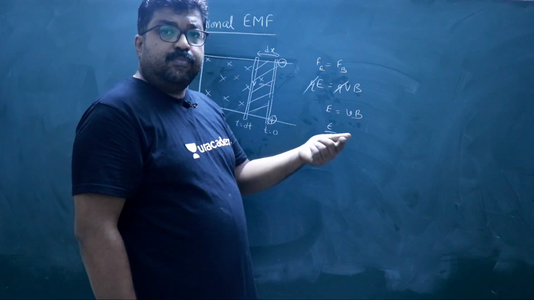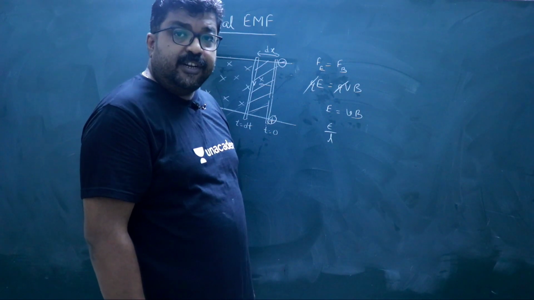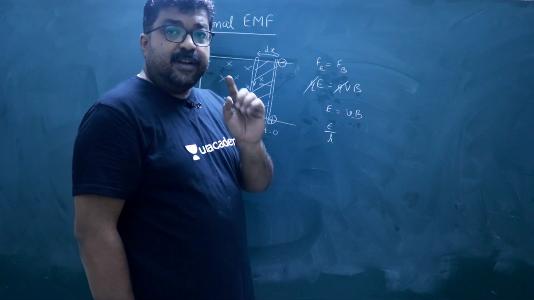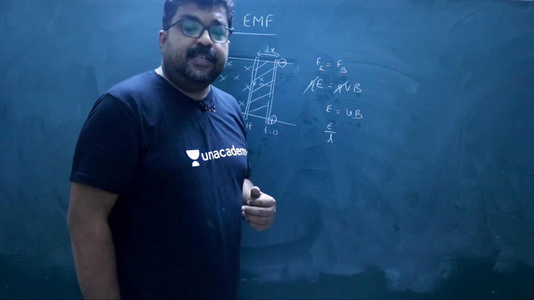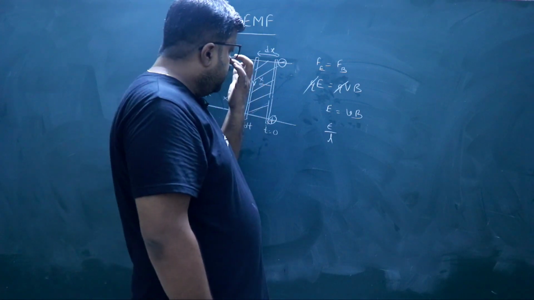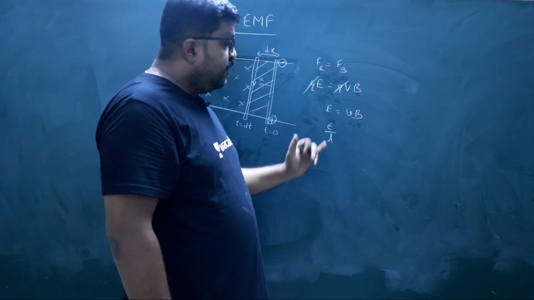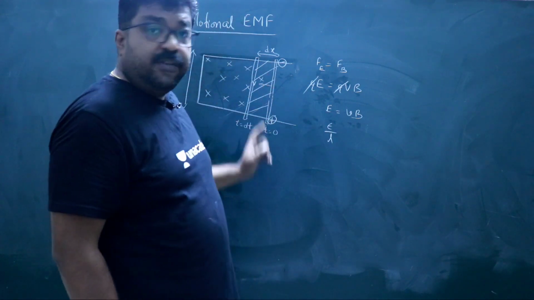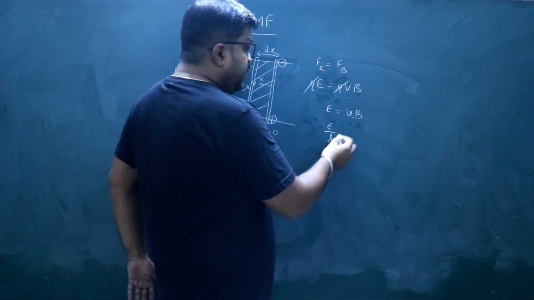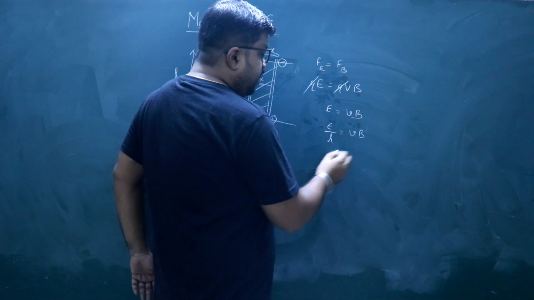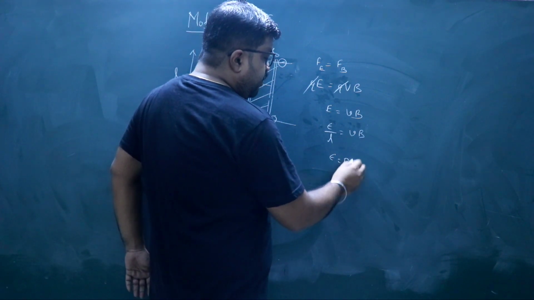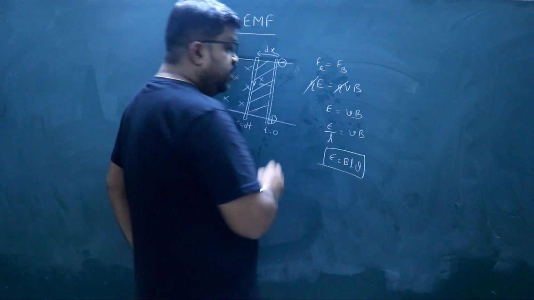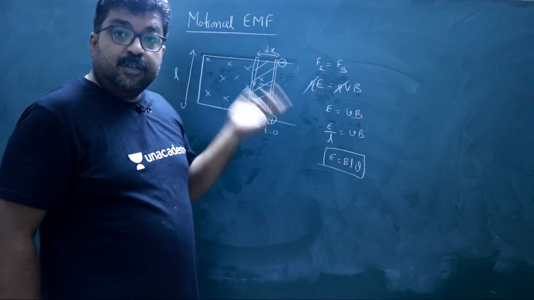Electric field is the negative of the potential gradient, E equal to minus dV by dr, that we have seen previously in the chapter on electrostatics. So E is equal to EMF divided by L. EMF is the potential difference developed. So EMF by L is equal to V into B, so EMF is equal to BLV.